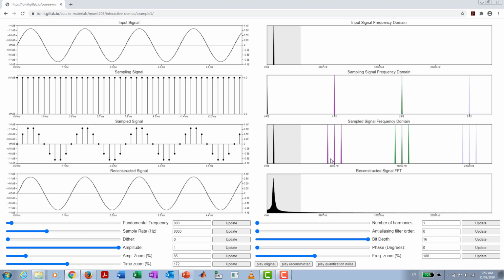These guys are all possible aliases, all frequencies that are created because of the component of the signal. Don't forget, this is not a component, it's just the result of the characteristics of this sampling signal.